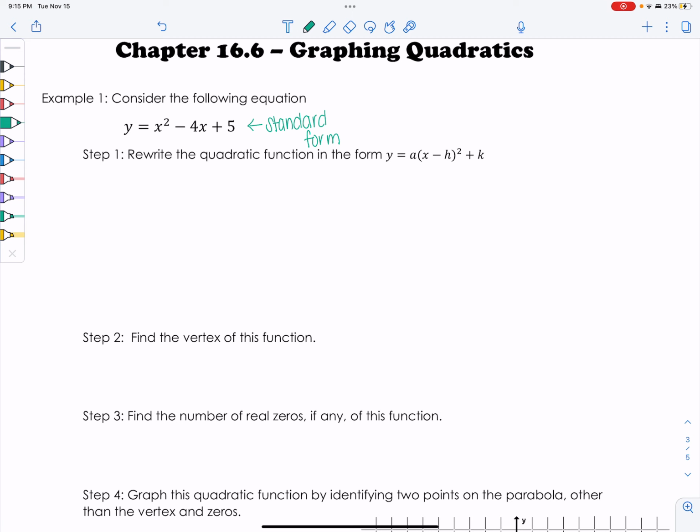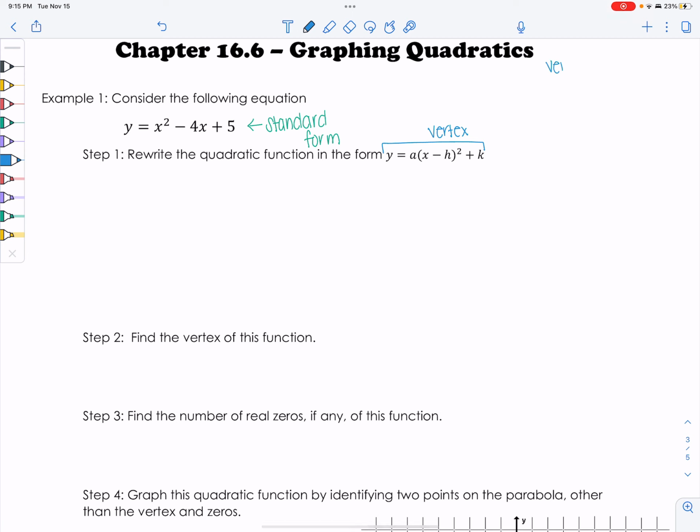Step 1 in Hawks is going to say rewrite the quadratic function in vertex form. And so you have two options.